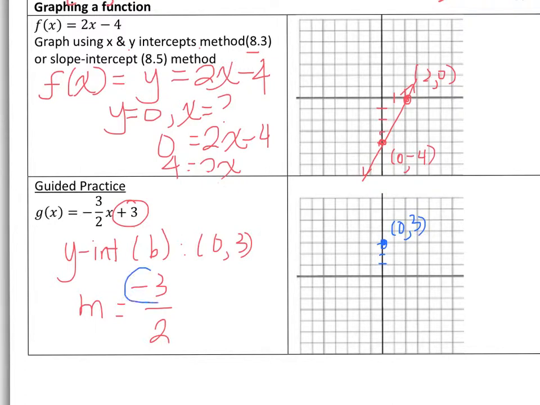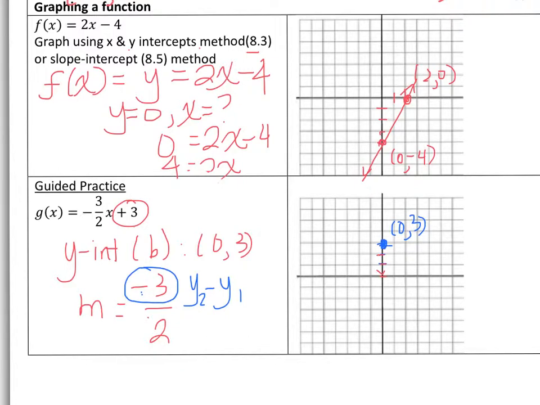Now I'm going to look at the numerator, which is just represented by the difference of the y coordinates. And because it's negative, I need to shift down from the y-intercept 3 units. 1, 2, 3.